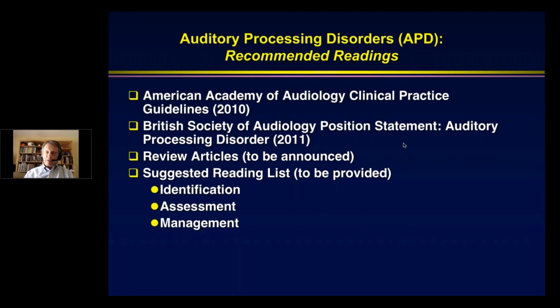A lot of them have already been done, and in fact, several have gone through several revisions. The APD clinical guidelines, I'll show you the cover of the document in a moment, finally went out for peer review in 2010, and then they were approved by the American Academy of Audiology Board of Directors. I was on the task force.